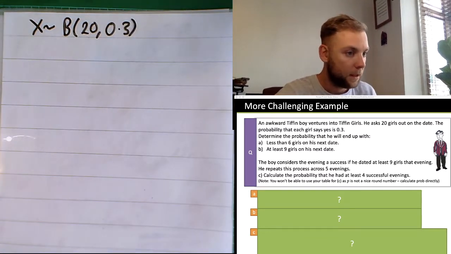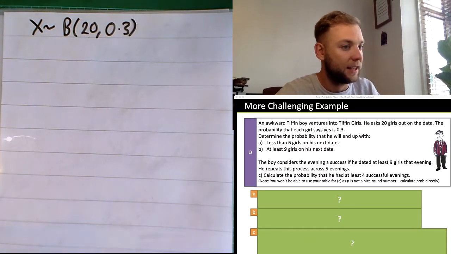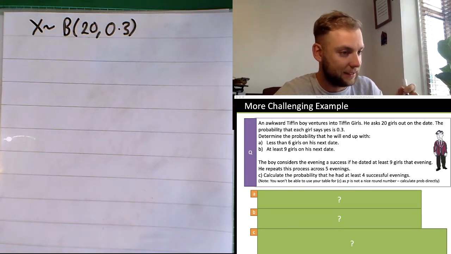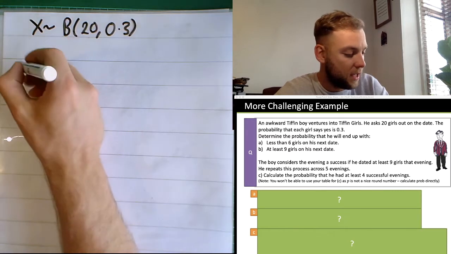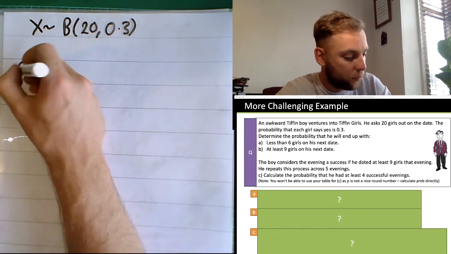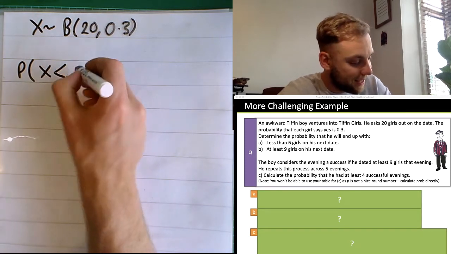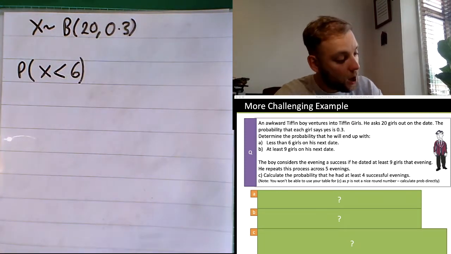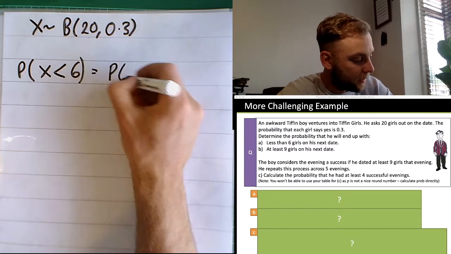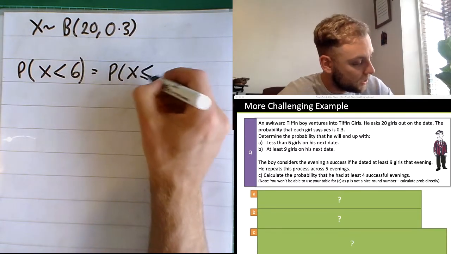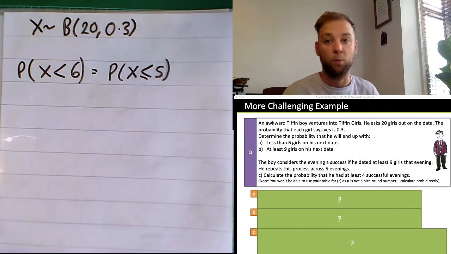Brilliant. So determine the probability he will end up with less than 6 girls on his next date. So here we say the probability of x being less than 6, which we know is the same as saying the probability that x is less than or equal to 5. And this is the one that we can work out.